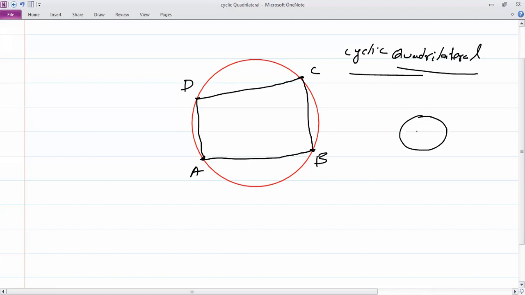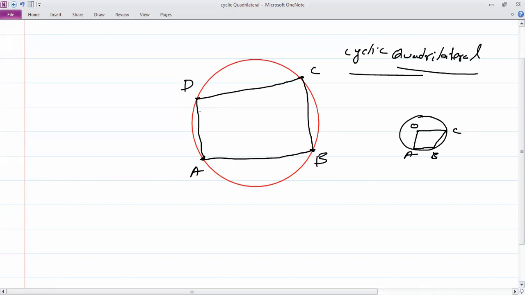Let's say I make another quadrilateral here: O, A, B, C. Can I say it's cyclic? This is not cyclic, because A, B, C are on the circumference, but O is not. If any one point is not on the circumference, it is not cyclic.